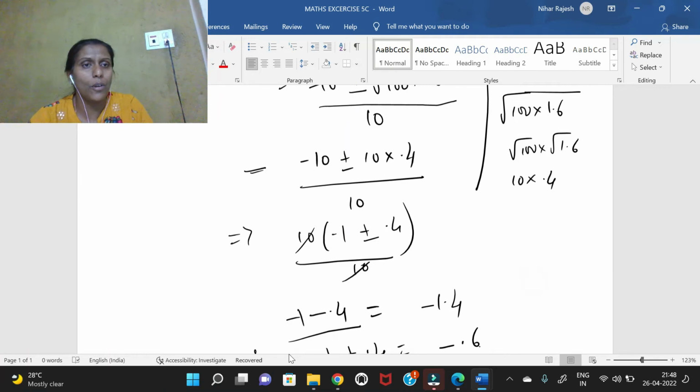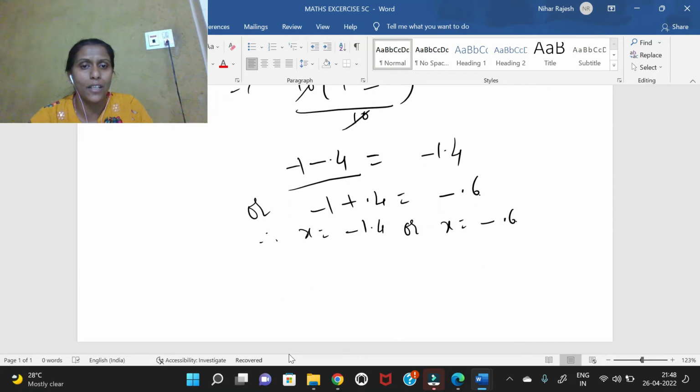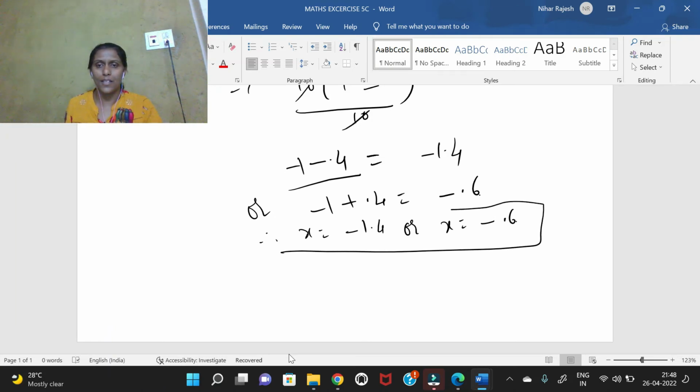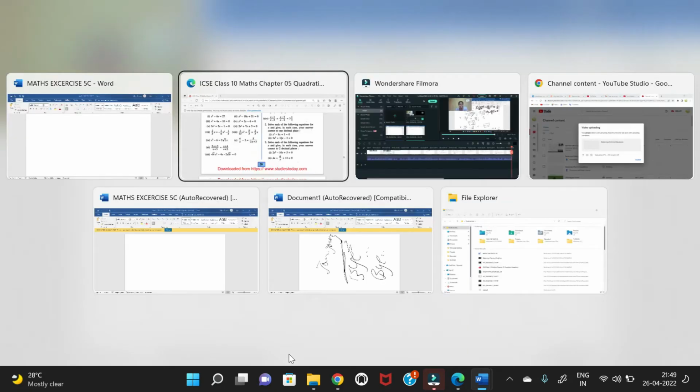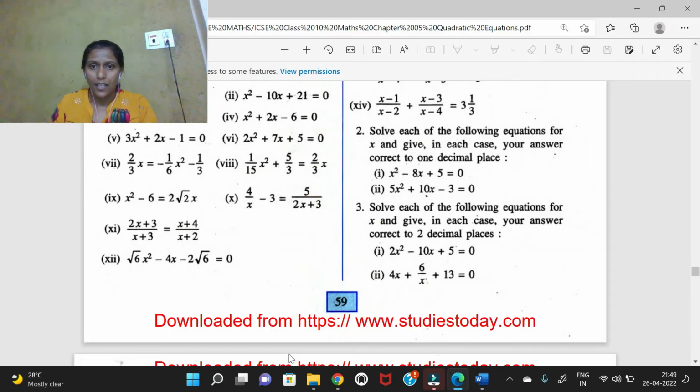Next, do your plus or minus values and you get x is 1.4 or x is 0.6. These are the values. Next.